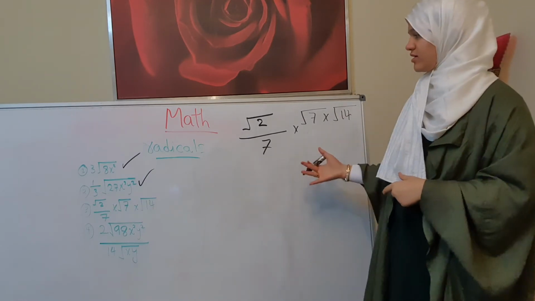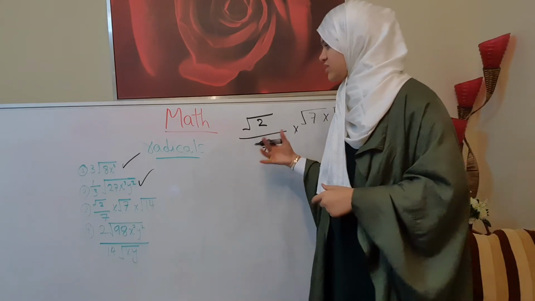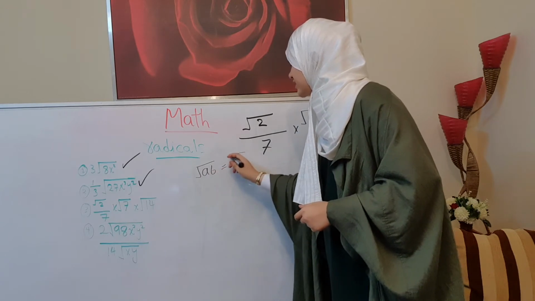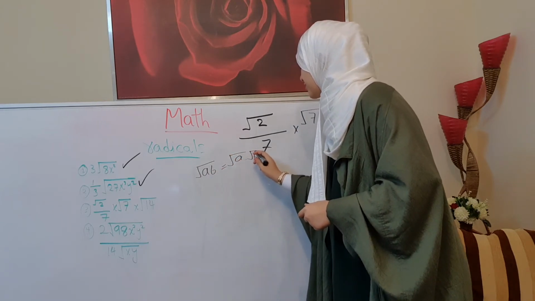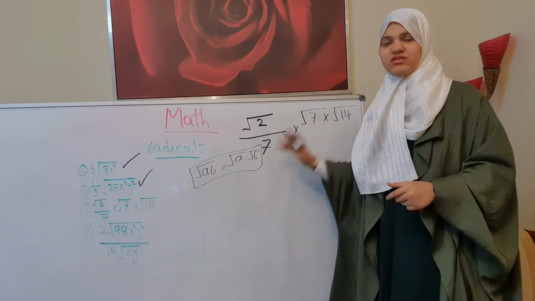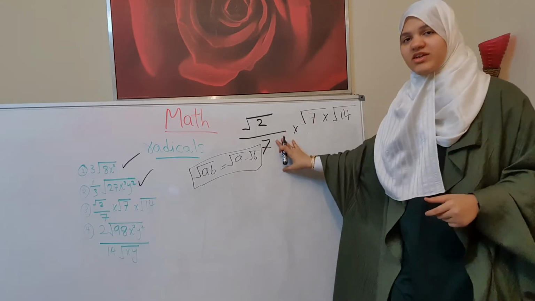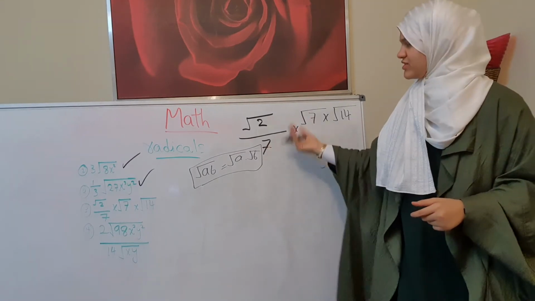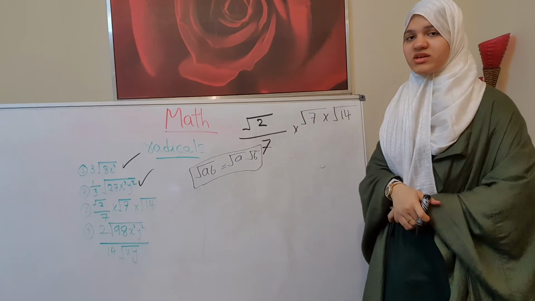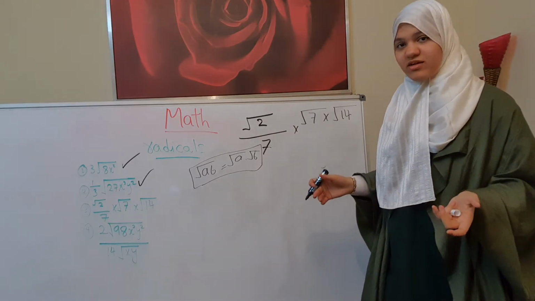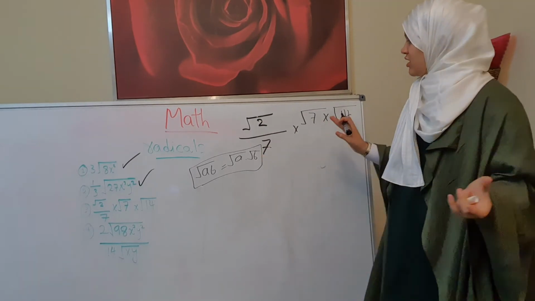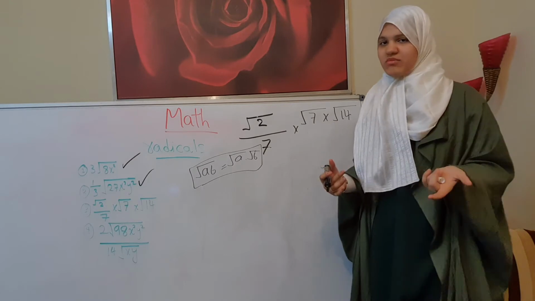Of course, we will use the rule that radical AB is the same as radical A times radical B. Now what we have: radical 2 over 7. Wait, does 7 have a radical? Or can we say radical 2 over 7? The radical of 2 over 7? That's wrong. What we have is radical 2, and 7 is alone, over 7. So I will solve it and you will know what I mean.